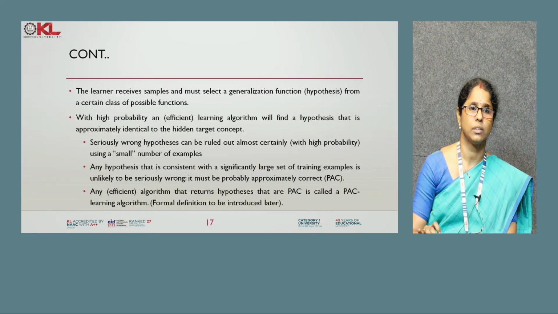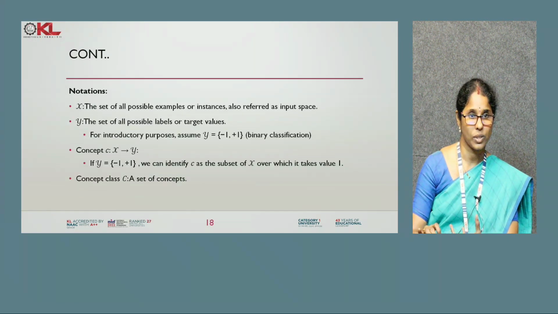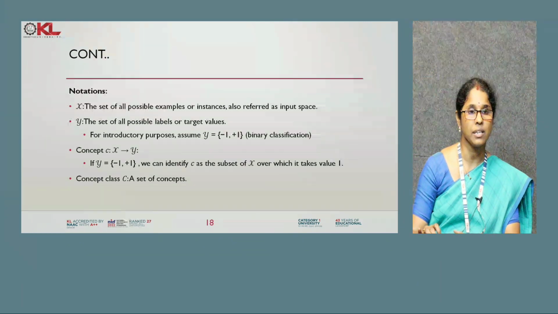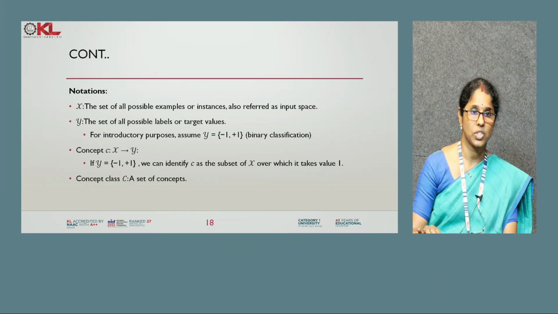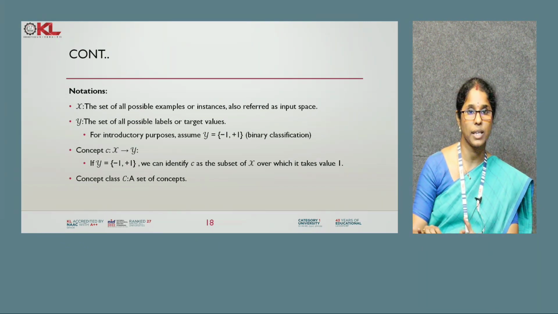With this, we are going to check how the data is being estimated. X is the set of all possible examples or instances, and Y is the set of all possible labels or target values. For introductory purposes, we assume that Y is equal to -1, +1, that is, binary classification.